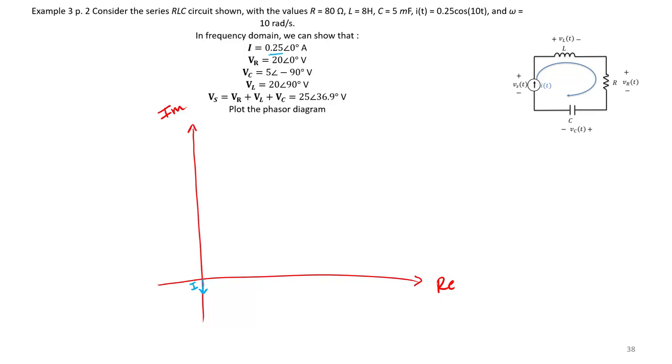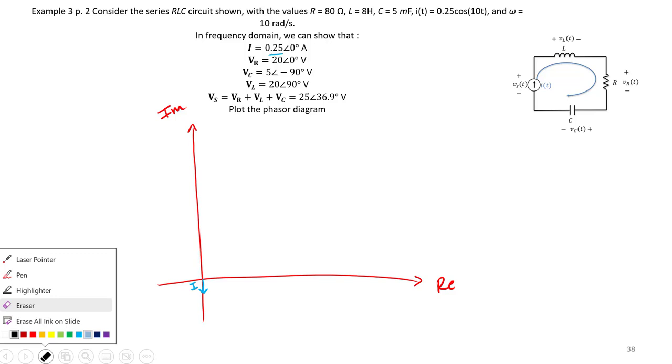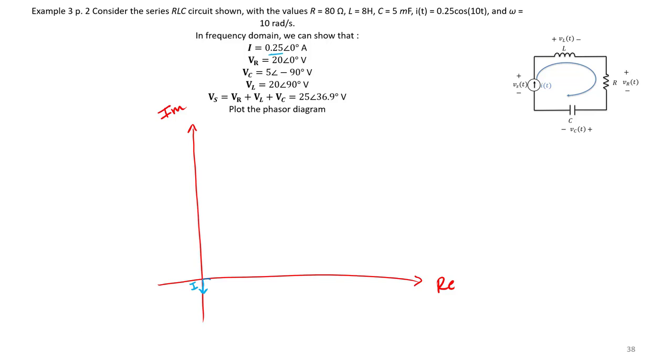Next we have our resistor, and that one is a fairly long arrow because this one has a magnitude of 20. So that will be our blue line, and notice since VR has a phase angle of 0, it goes completely along the horizontal axis.